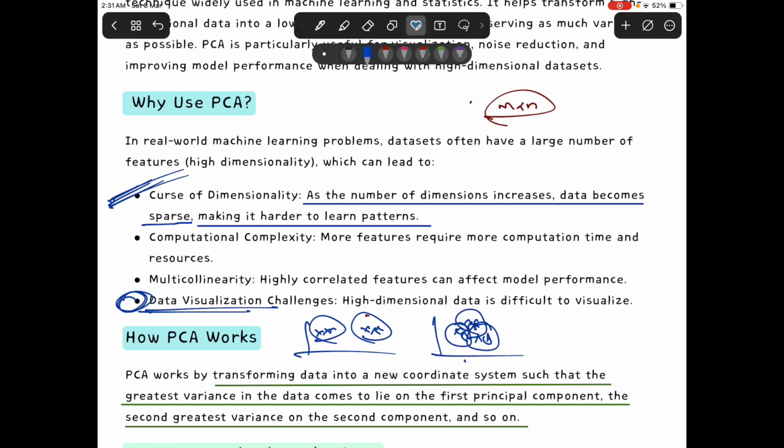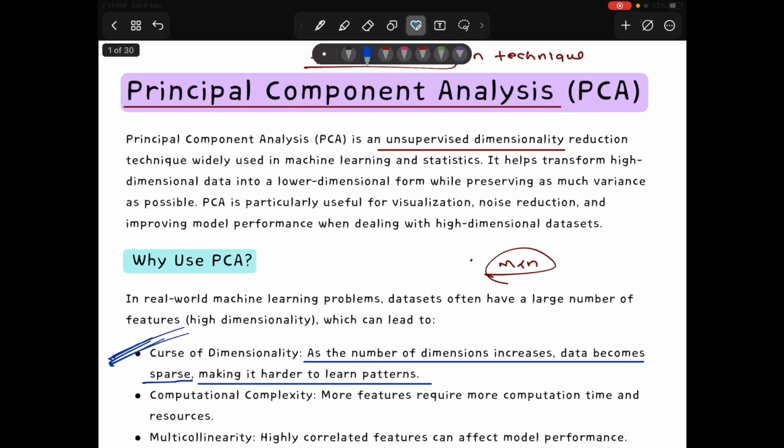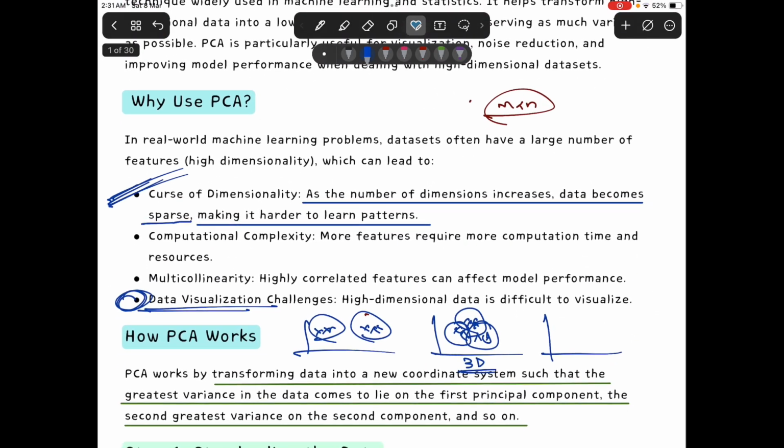So up to 3D it is possible to visualize, but after 3D we can't visualize the data. If we have 4D or 8D, or 19, 20 features, we can't visualize the data. And you should know the importance of data visualization before applying any machine learning algorithm. So this is the second most important thing. That's the reason why we need a PCA technique.